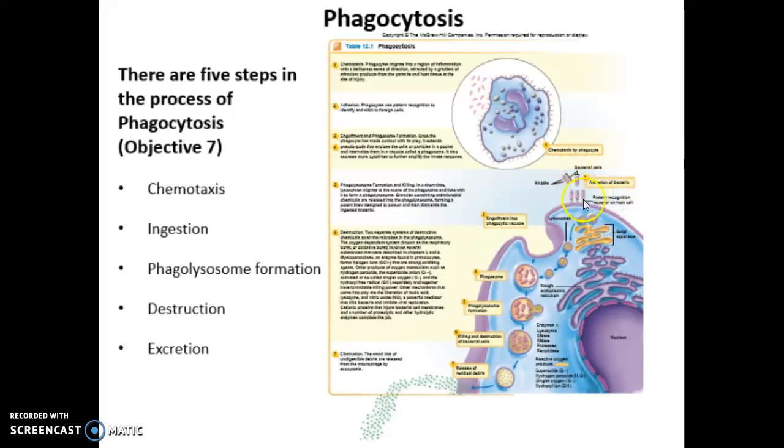The bacteria cell and the phagocyte have to bind to each other. That binding process is going to send signals down inside the phagocyte, and it's going to cause engulfment. You don't actually see bacteria in this little invagination here, but imagine the bacteria are there.